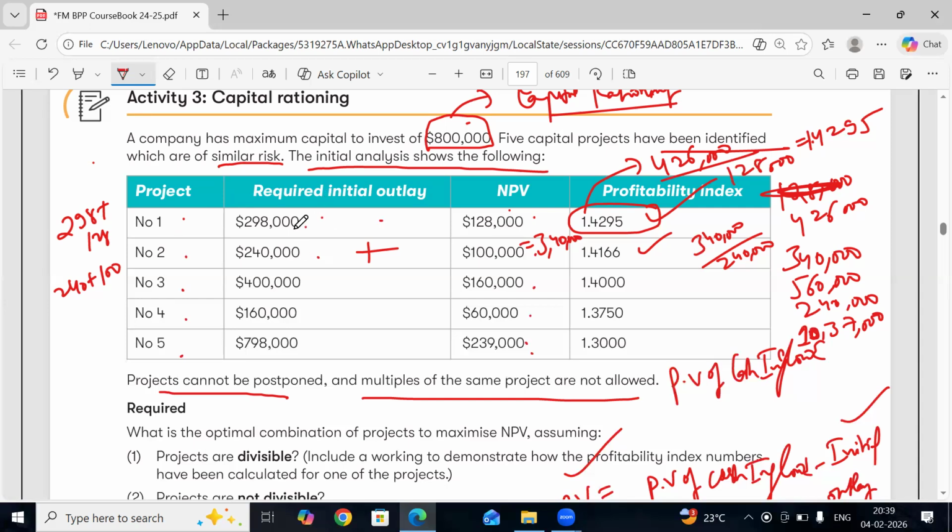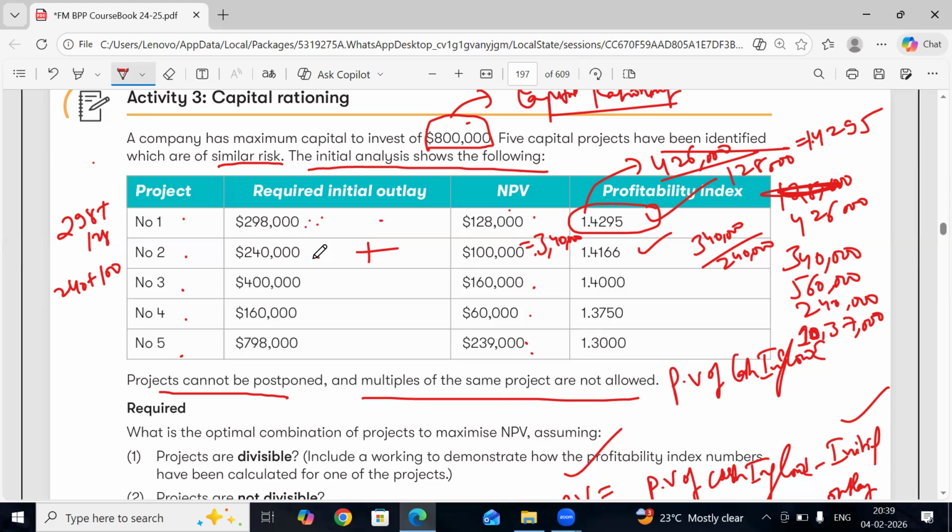It's not allowed. You cannot take half a project. You cannot scale up or down, and you either accept the whole project or reject it. Very clear. It is a non-divisible project.